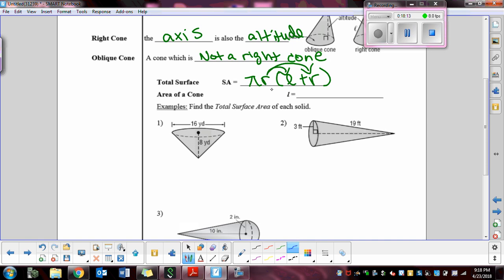So you might want to do it this way, or just multiply it out, and this will be pi R L plus pi R squared. Same exact formula. And remember, L is your slant height, and R is your radius. Okay?